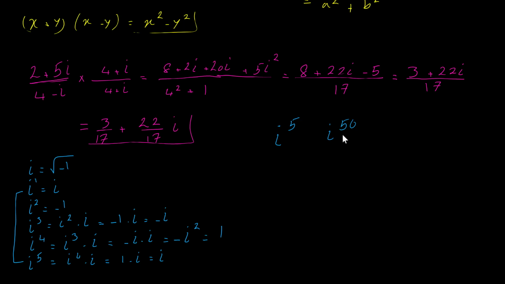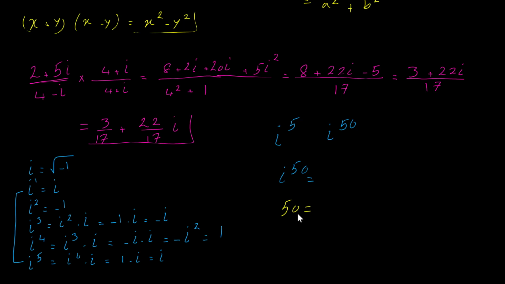So if we have, let's say, i to the 50, and we are asked to evaluate that to see what we are going to have. What we can do is say, okay, 50, and I want to get how many multiples of 4 I have in 50.